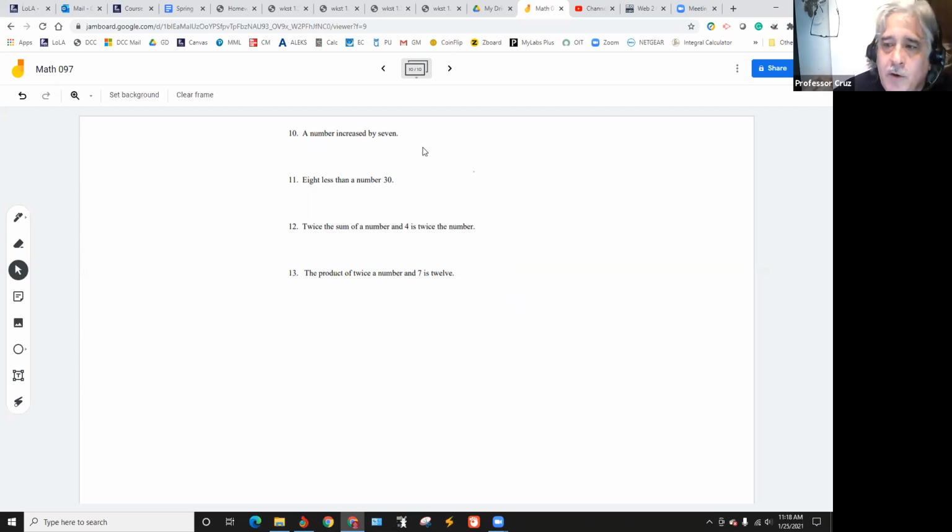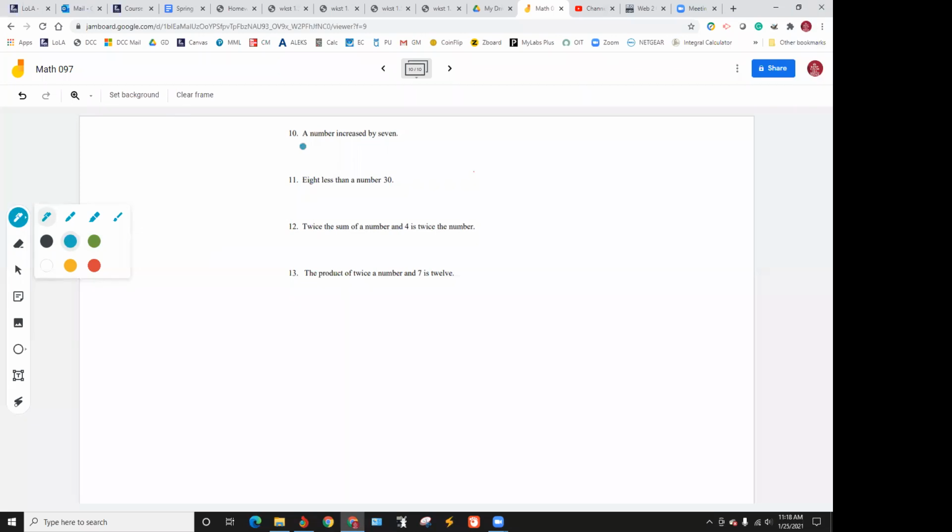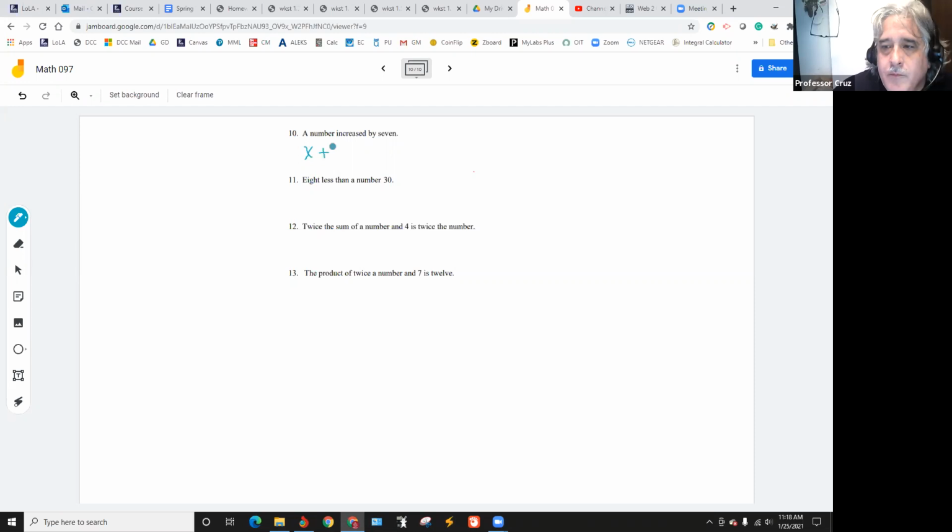So a number increased by 7, how would we write that? X plus 7? Yeah, that's all there is to it. If it said decrease, then you would have put a negative sign there, x minus 7. So if x were 20, then our expression would be 27 because it's whatever value of x plus 7.